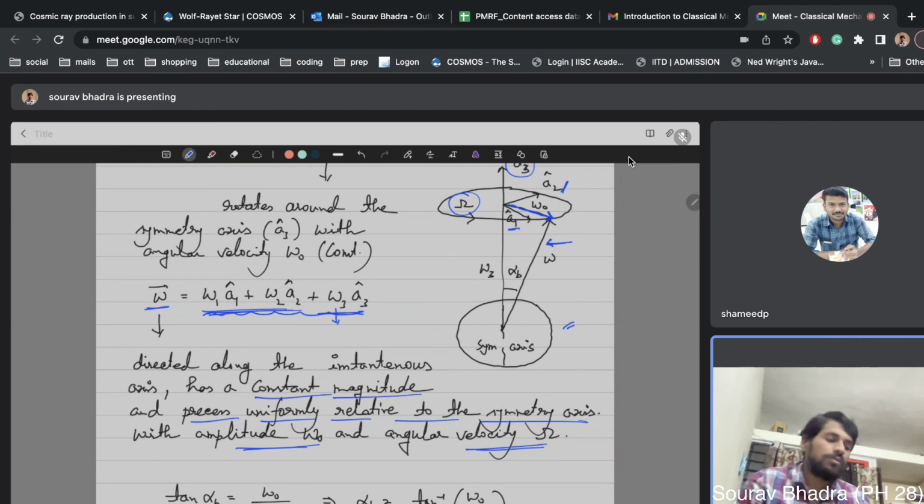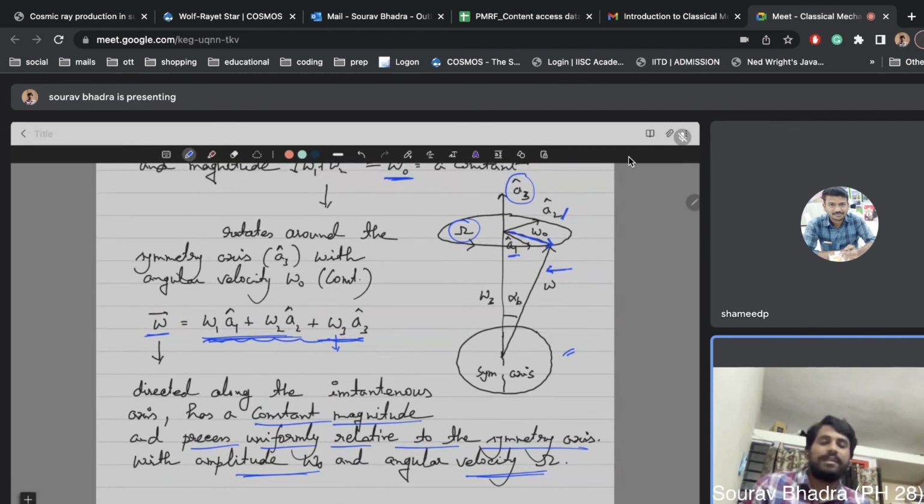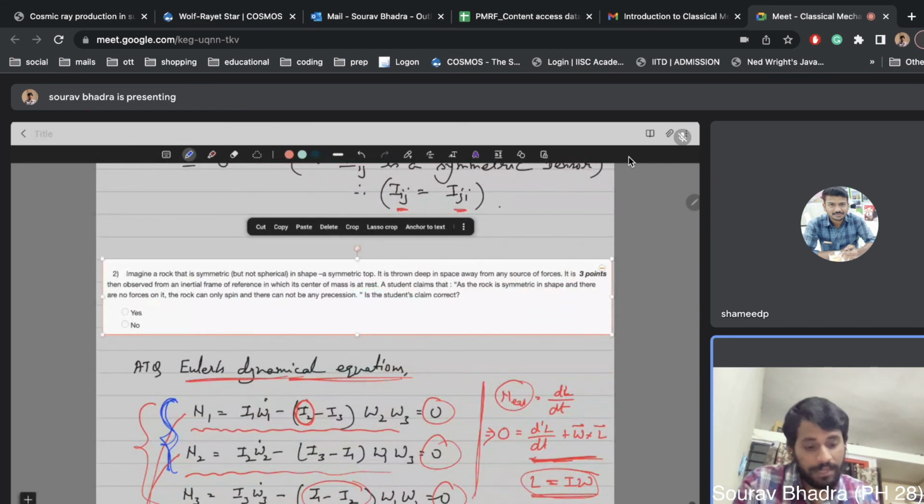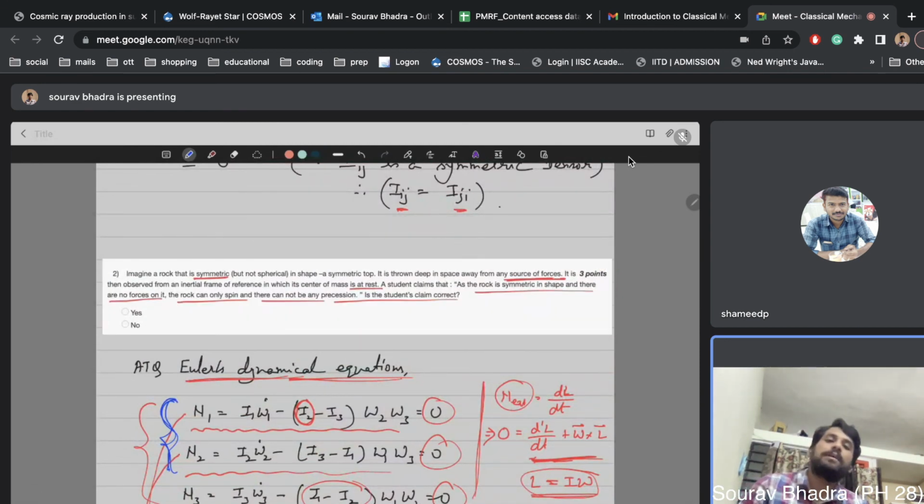Okay. So this tells us that our system, although it is free of any torque and any external force, can still precess around its symmetry axis. So the statement made by the student in the question, that it can only spin and there cannot be any precession, is not correct, because there can be precession although there is no force acting on the system.